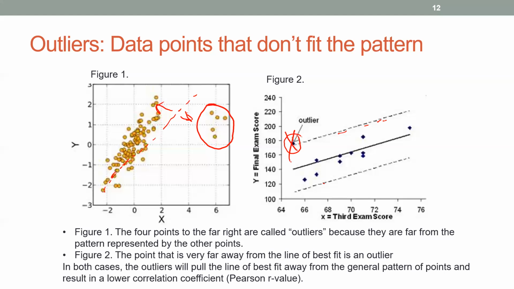But if we look at all the data and find out everything we can, and we cannot find a legitimate reason for excluding this person, everything looked normal, then we can't eliminate this person, and we just have to suffer with less of a correlation than we wanted to have.